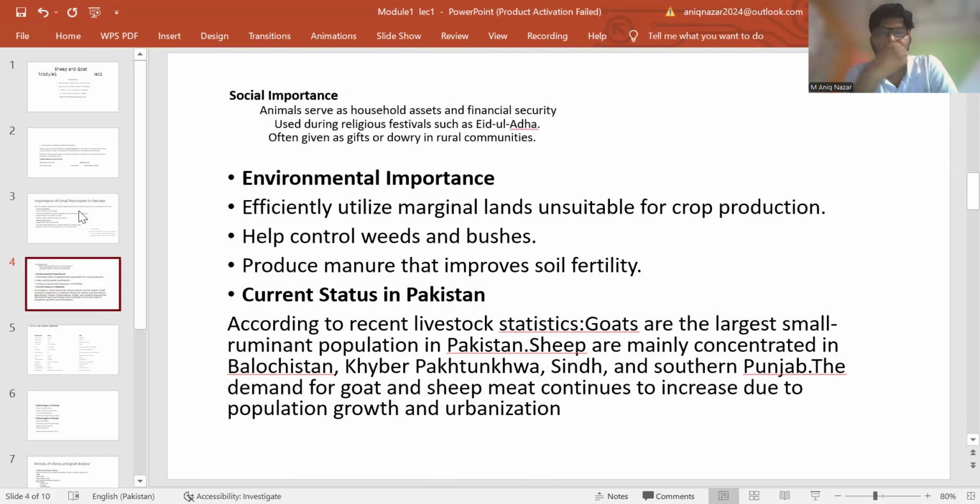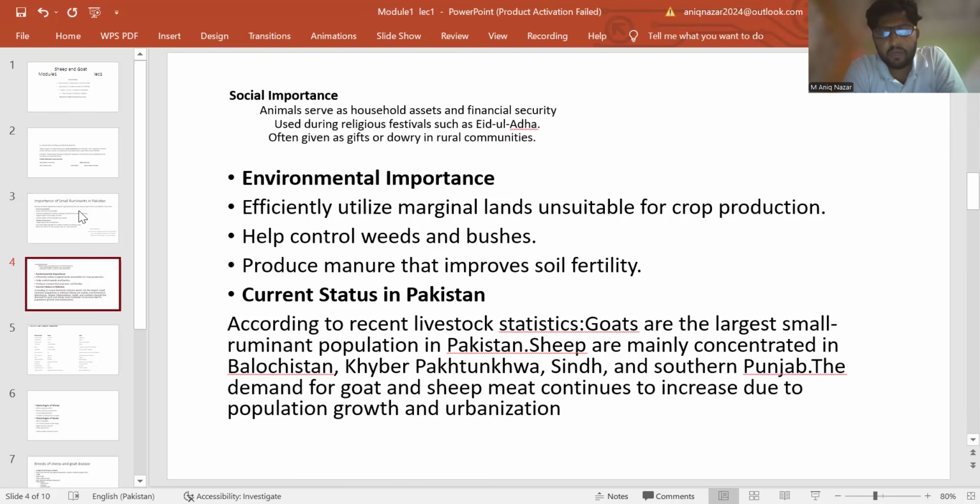And next is environmental importance. Environmentally, sheep and goat also have much importance. They efficiently utilize marginal lands unsuitable for crop production. They help remove weeds and bushes from agricultural land, as they feed on these.